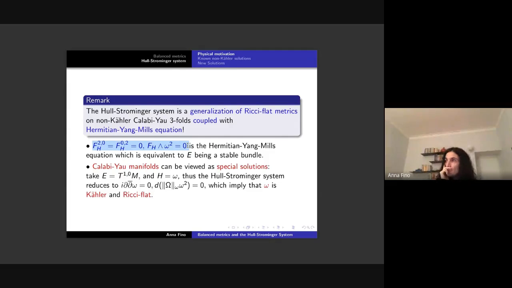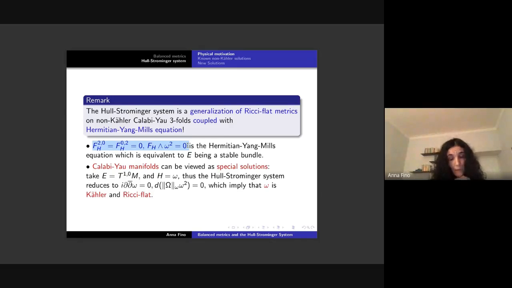This equivalence was formulated for Kähler manifolds by Donaldson, Uhlenbeck, and Yau. Here we are not on a Kähler manifold, but the equivalence was later extended by Li and Yau to the case where omega is Gauduchon, not Kähler anymore. What does Gauduchon mean? If you are in complex dimension n, it means that d d bar of omega^{n-1} is 0. Of course, balanced metrics in particular are Gauduchon, so these equivalences still apply.